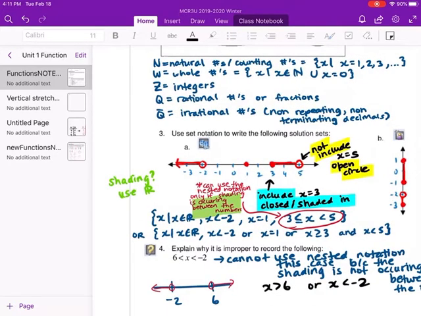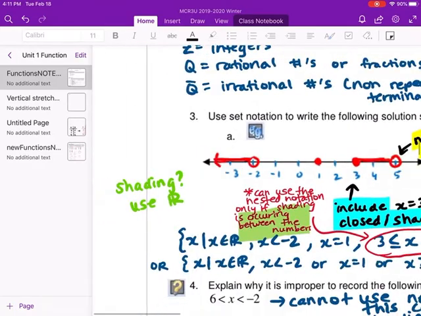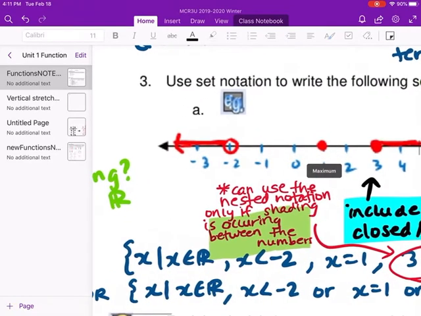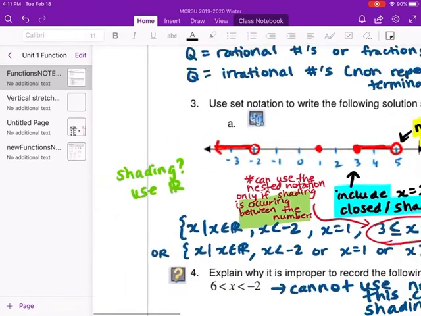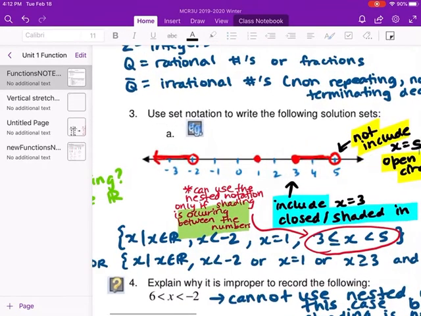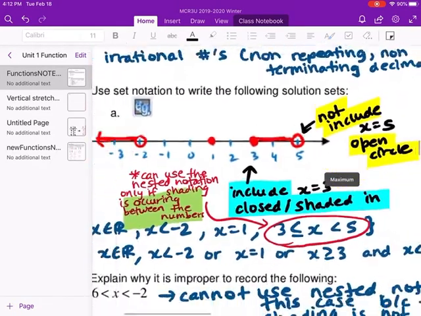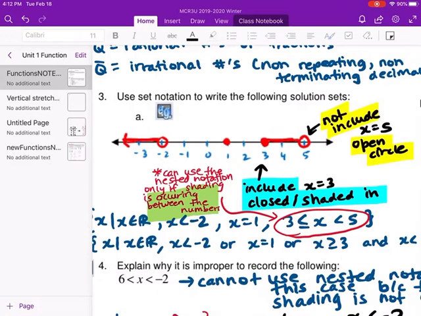The shading says that you have x values that are less than -2. When you have a non-filled in circle, it means that it does not include that value. Then you have a single coordinate, so you have a value at x equals 1. And then you have shading from 3 to 5, not including 5.